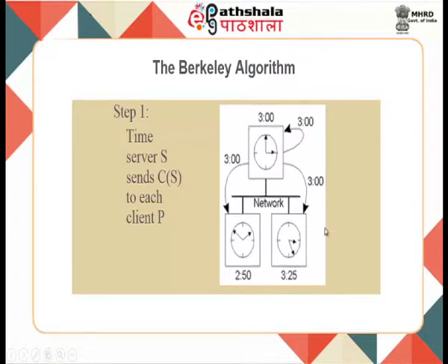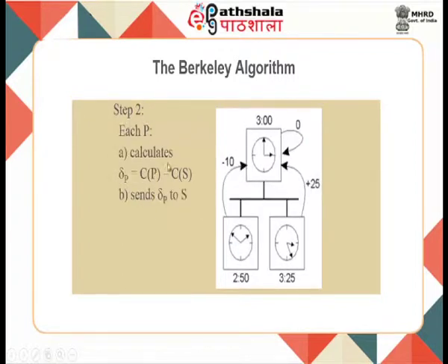In step 2, each process will calculate the delta P. How is it calculating the delta P? This process has got 2:50 and is getting the value of 3. So, 2:50 minus 3 is minus 10. It is sending back minus 10, saying that, hey, I am backwards or I am slower than you by 10 units of time.